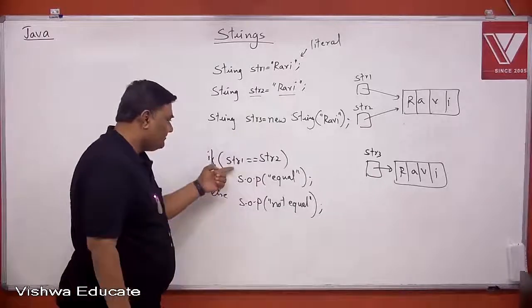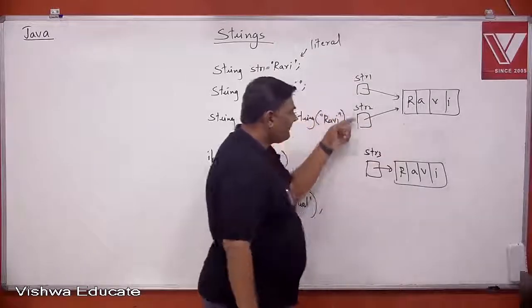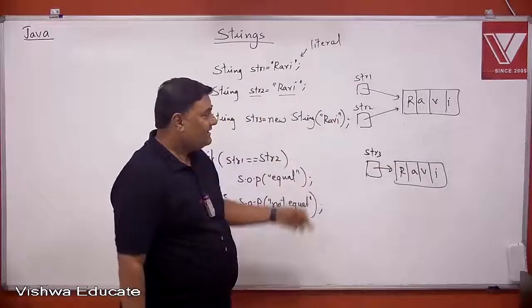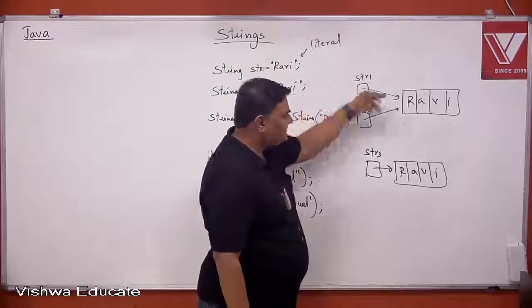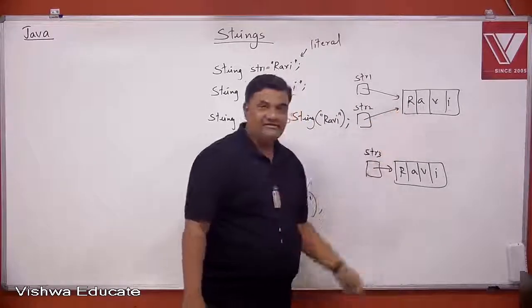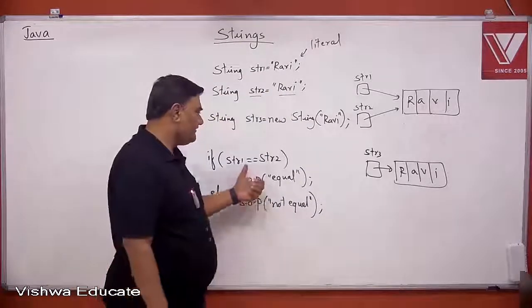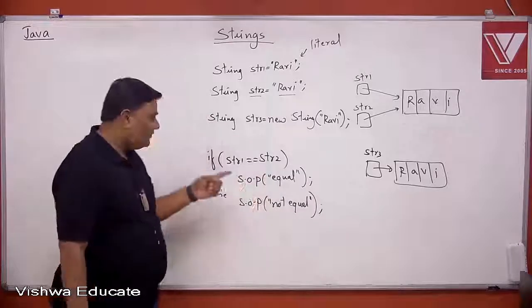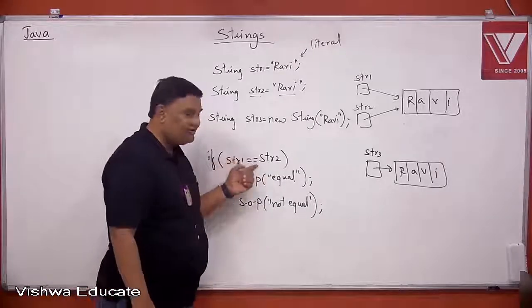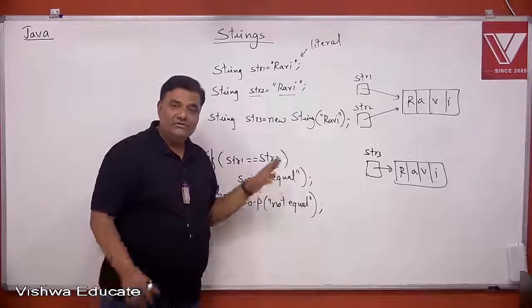See, I am comparing what? I am not comparing objects, I am comparing references. This one has which address, the string address. This one has which address, the same string address. So yes, they are equal. So here we get the answer as equal. Here when you use double equals, references are compared, not the objects. So what does it mean?